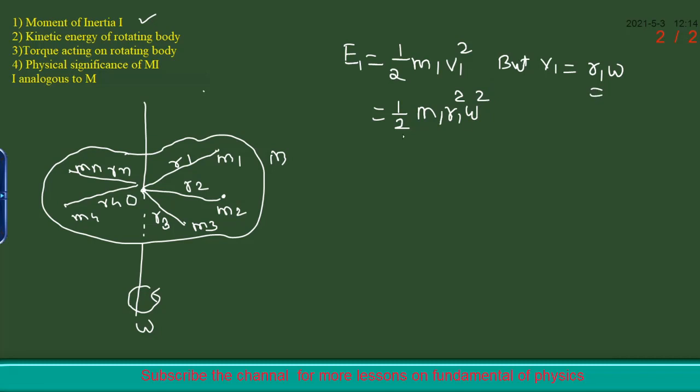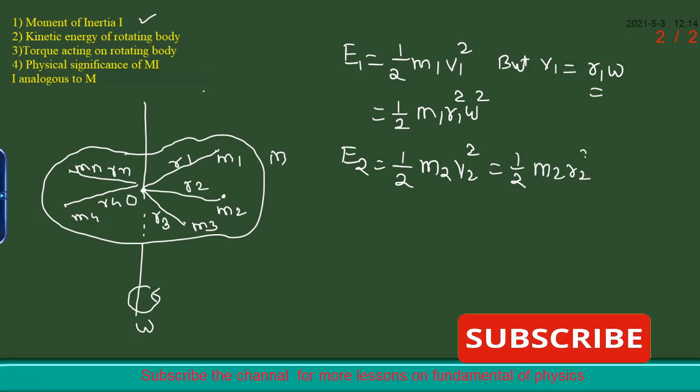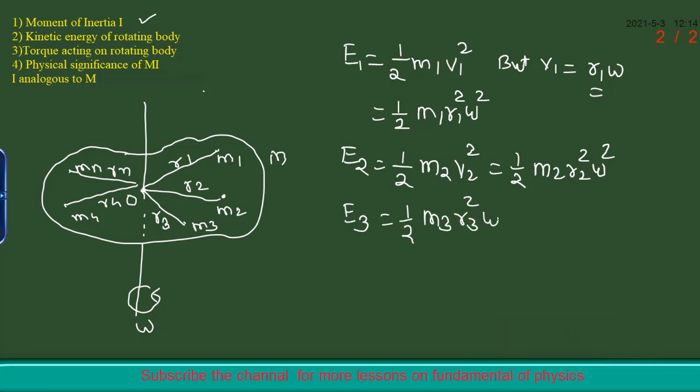Similarly, the kinetic energy of the second particle having mass m2 is E2, which is half of m2 into v2 square, equal to 1 by 2 m2 into r2 square omega square. Similarly, E3 equals 1 half m3 into r3 square omega square, and so on. The energy of the last particle having mass mn is 1 half mn rn square omega square.